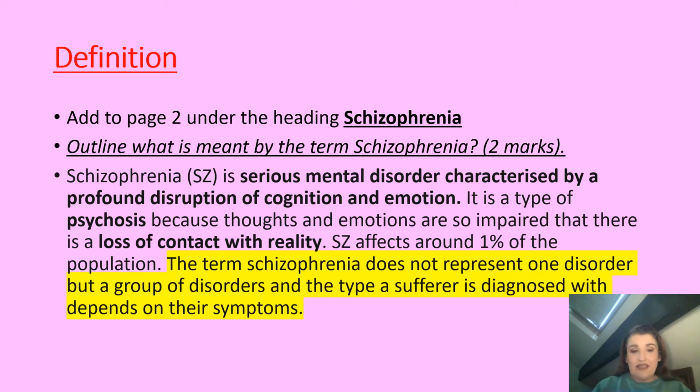I've highlighted this as well, and it's just what's in your booklet. So the term schizophrenia does not represent one disorder, but a group of disorders, and the type a sufferer is diagnosed with depends on what symptoms they show as well.